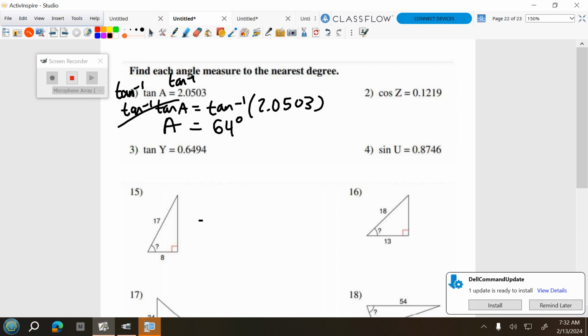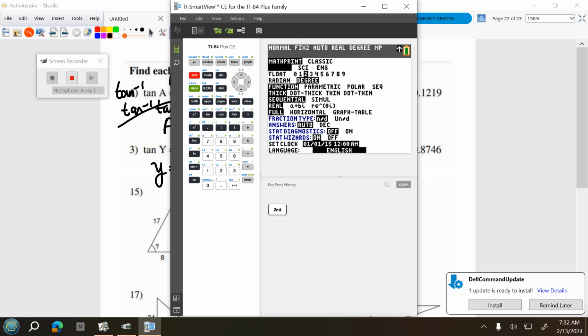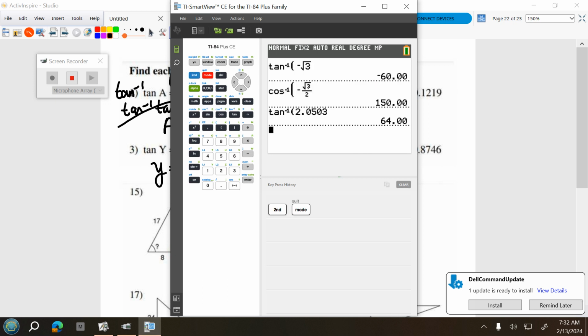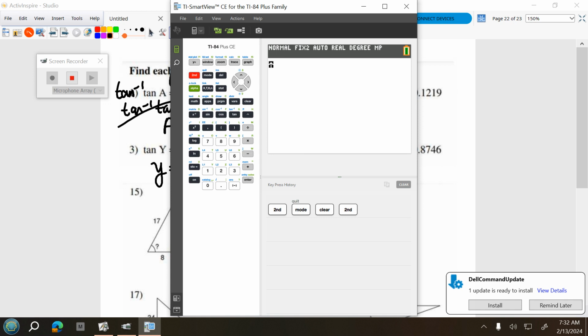I'll apply the inverse, so tan inverse, so you can see it clearly. We have tangent of y equals 0.6494. Tan inverse cancels, and y equals, let's go on a calculator here, second tan 0.6494.